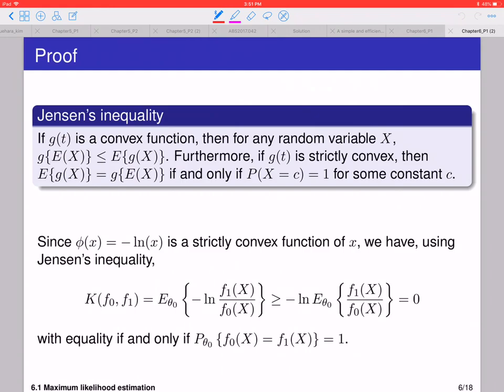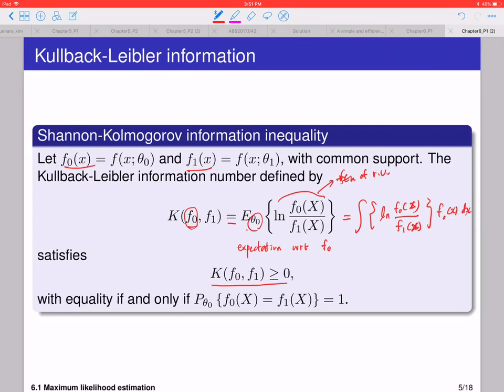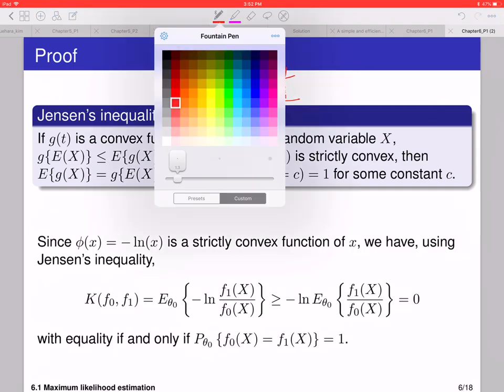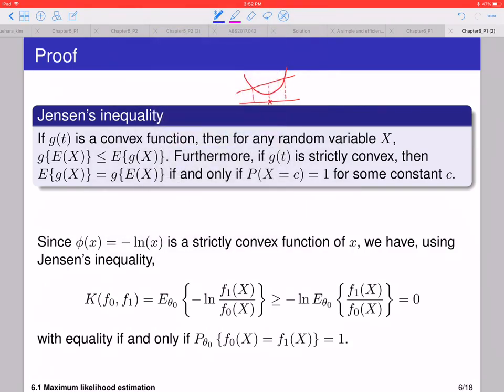To prove this Shannon-Kolmogorov information inequality, we are going to use Jensen's inequality, which is a quite well known inequality. If you have a convex function, then one way to understand this is that this point is an average, an expectation.